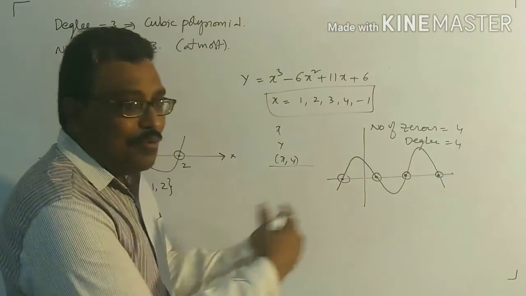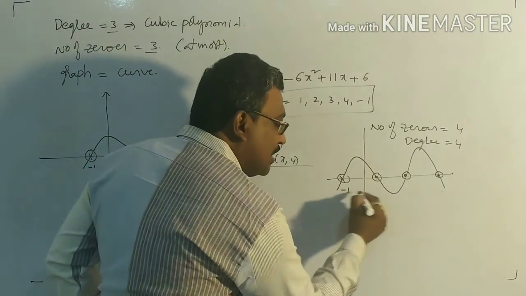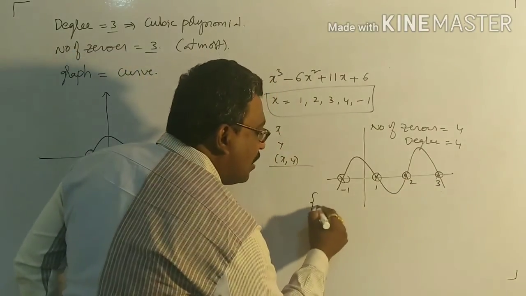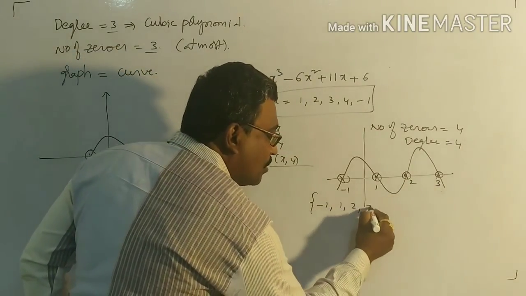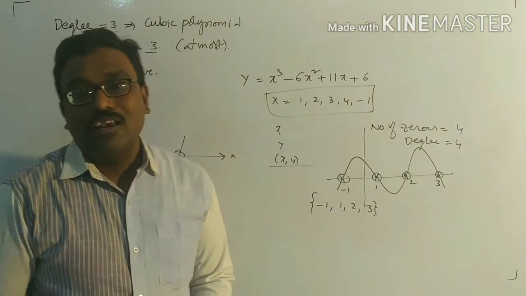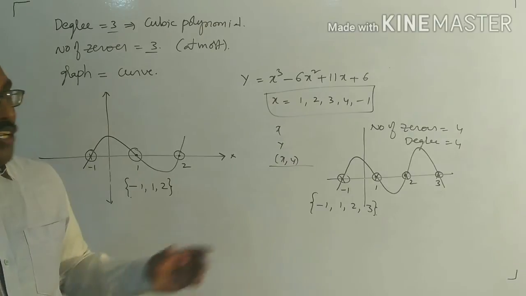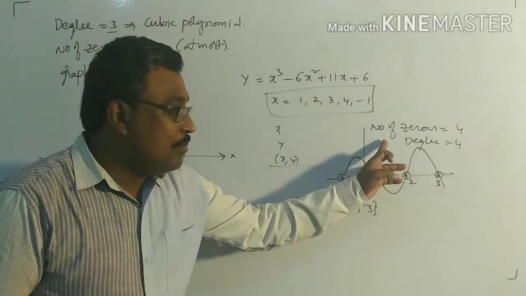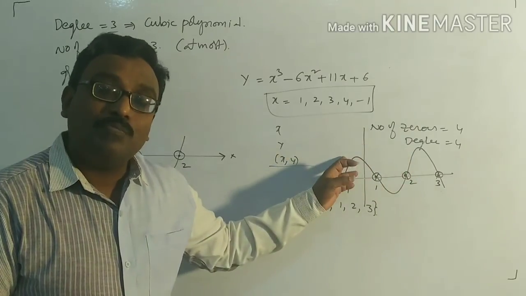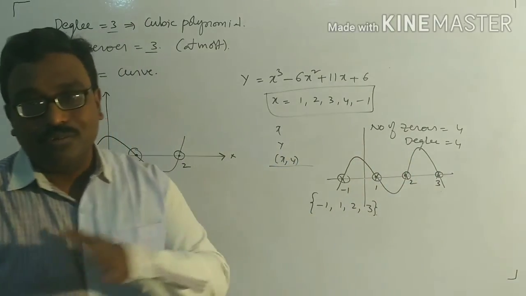Biquadratic polynomial. What are the zeros? Suppose they are minus 1, 1, 2, 3. Then the zeros are minus 1 comma 1 comma 2 comma 3. You should write these: what is the number of zeros, what is the degree of the polynomial, what type of polynomial it is, and what the zeros are.